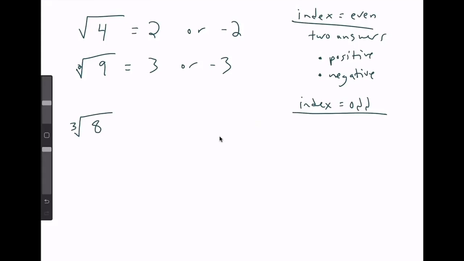But a cube root would be what number takes itself, multiplies it by itself, multiplies itself again. So it would be something times something times something, right? And we can do the math, but the cube root of 8 is 2. Because 2 times 2 is 4, times 2 is 8.